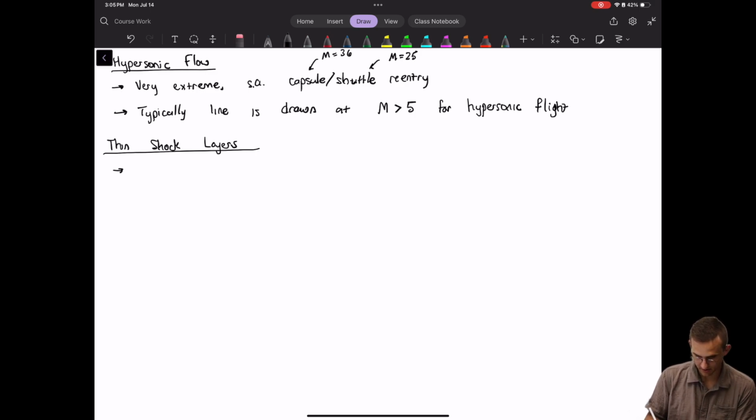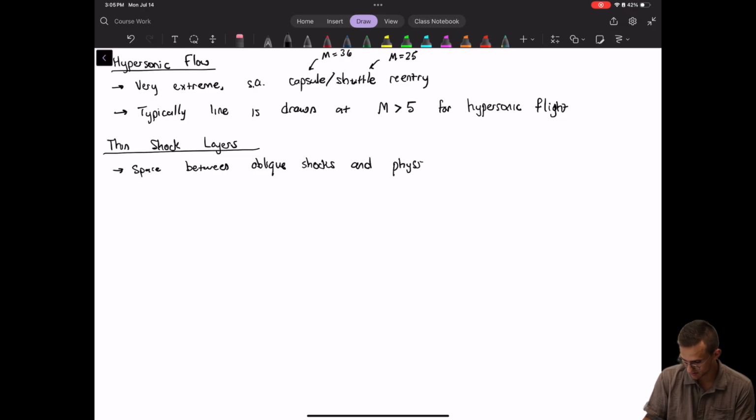In hypersonic flow, the space between oblique shocks and physical boundaries becomes very thin.